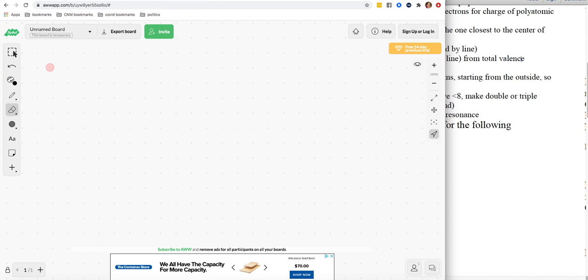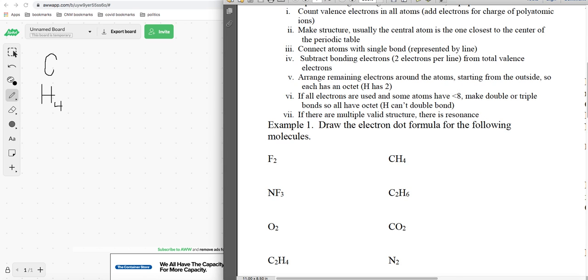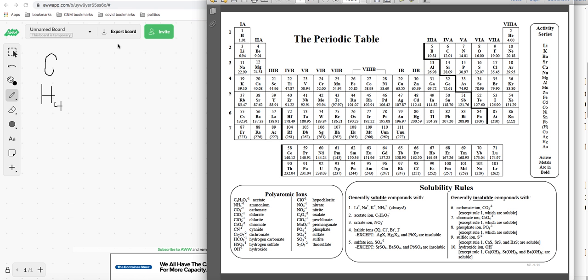Okay, so now we're going to go to CH4, and so we're going to start out with the same thing as last time, where we're going to count up how many valence electrons we have. So in this case, we have a carbon and 4 hydrogens, and I'm going to write them on different lines here. And then I'm just going to go to my periodic table and check and see how many valence electrons each of those has. So if you have different elements in it, you're going to have to figure it out for each one, and then it's multiplied by how many of them there are.